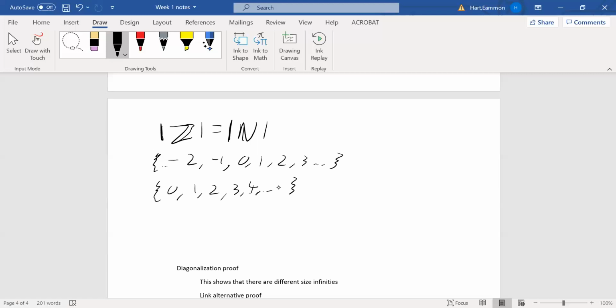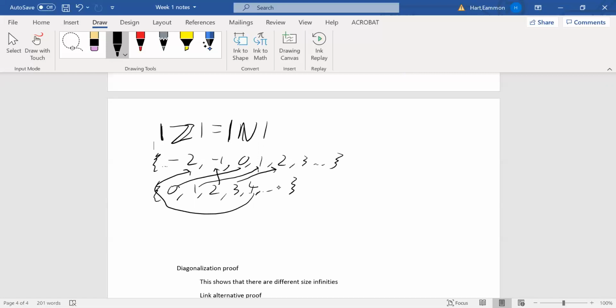So a natural way to do this would just be, first one's 0, and then I go to the next positive number, and then the next negative number. Then I go to the next positive number, and then the next negative number, and I keep on doing that. So I alternate back and forth between positive and negative.